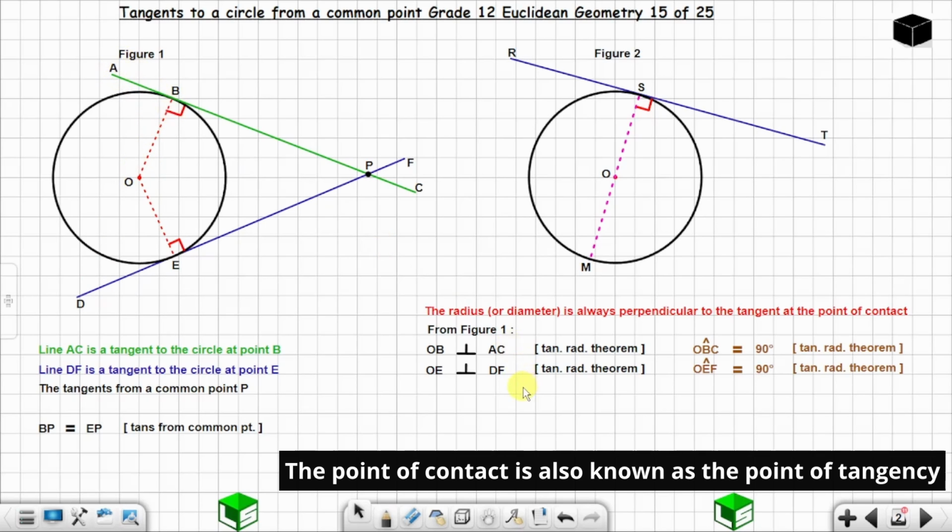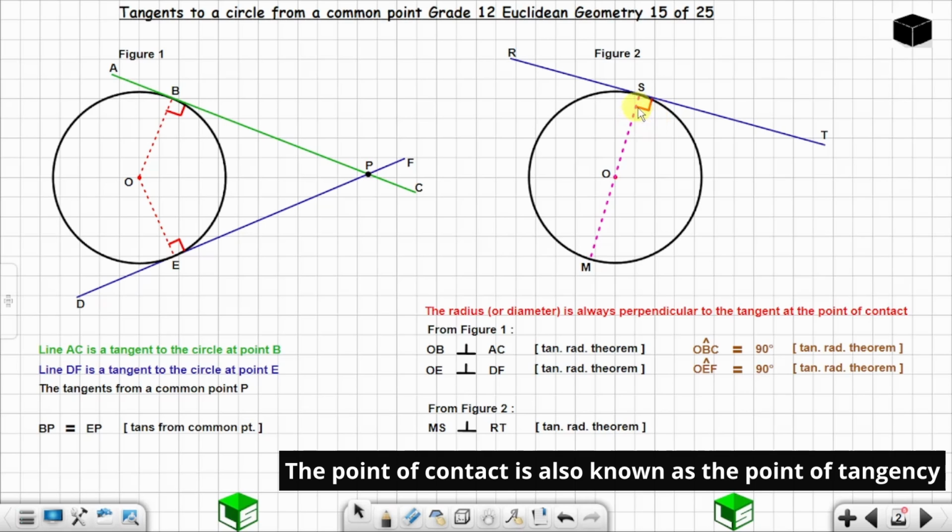Okay, now in figure 2, from figure 2 you can say MS is perpendicular to RT, or you can say OS is perpendicular to RT. So the reason is tangent radius theorem.